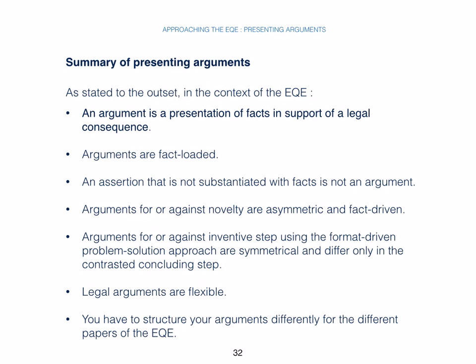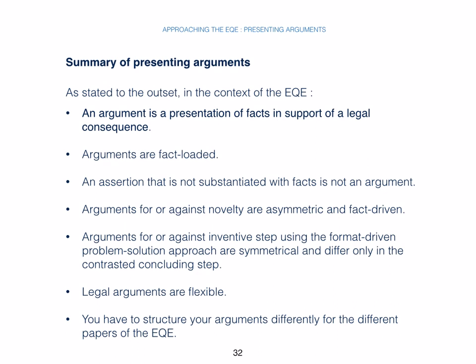Arguments for or against inventive step using the format-driven problem and solution approach are symmetrical and differ only in the contrasted concluding step, either for or against obviousness. Legal arguments are flexible, fact, legal provision, legal consequence in the order that you like, and you have to structure your arguments differently for the different papers of the EQE.